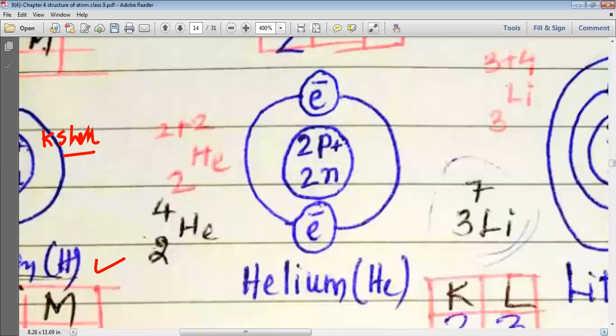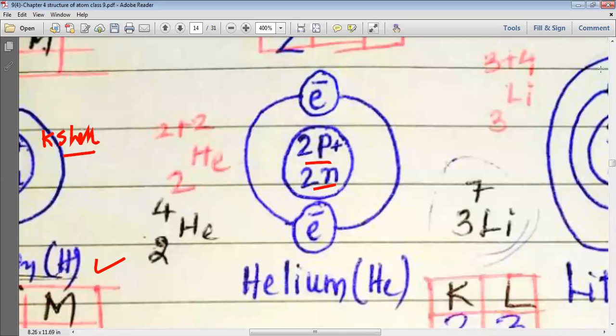The name of the second element is helium, which you can see on your screen, my dear students. In helium we have two protons and two neutrons, and there are two electrons revolving around the nucleus.